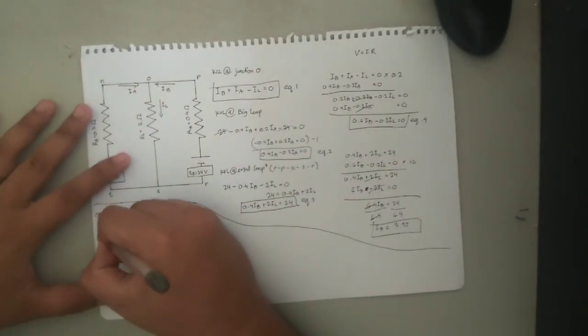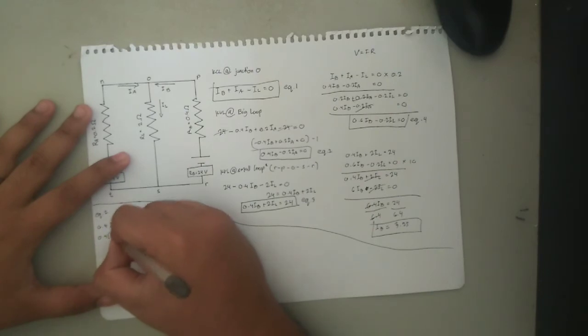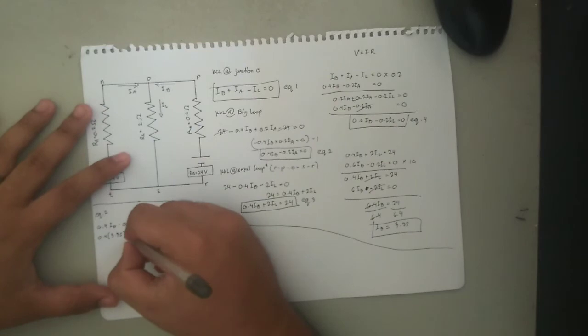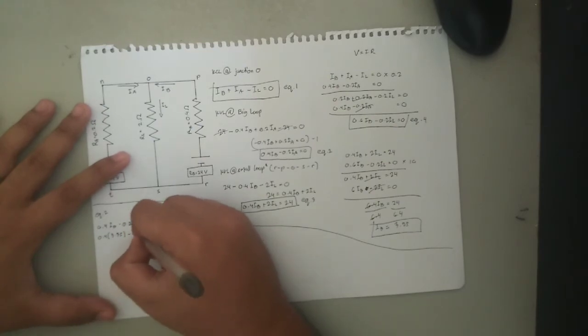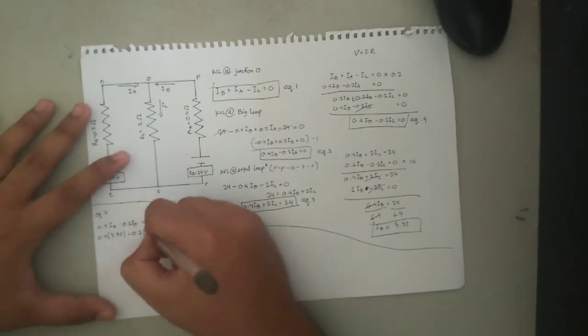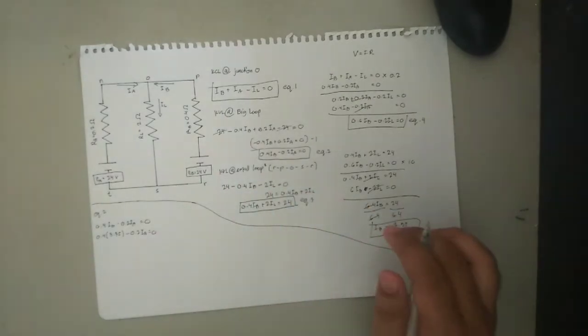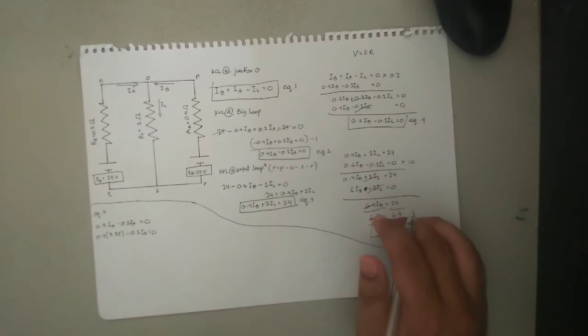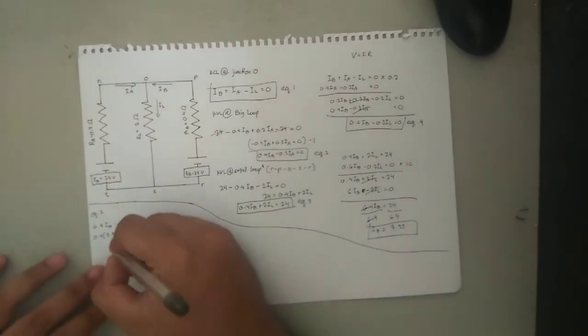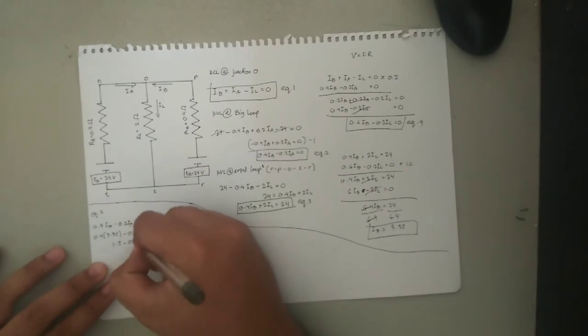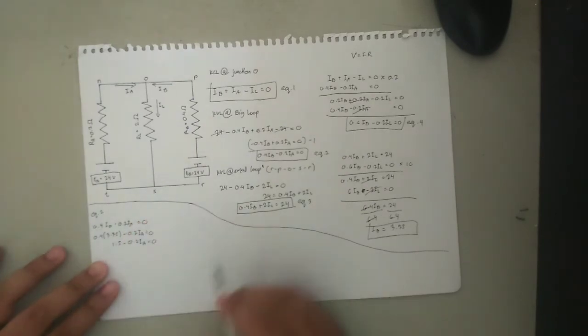So that's 0.4 multiplied by 3.75 minus 0.2 IA is equal to 0. So now we're going to input this in our calculator. So this is 1.5 minus 0.2 IA is equals to 0.